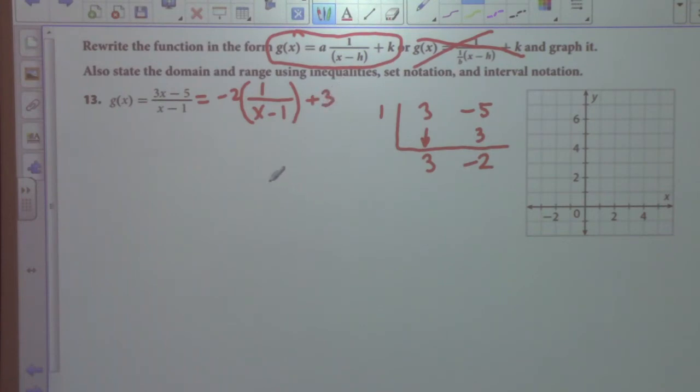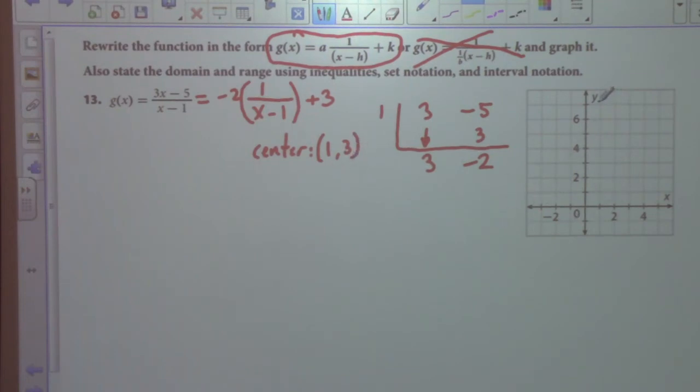Now, do you remember a little bit ago Ben was thinking that 3 was going to be our value of a? Well, it's not, is it? So it's a little tricky, isn't it? So now do we have something we can work with? Yes. And so what is our center going to be? 1, 3, that's going to be our center.